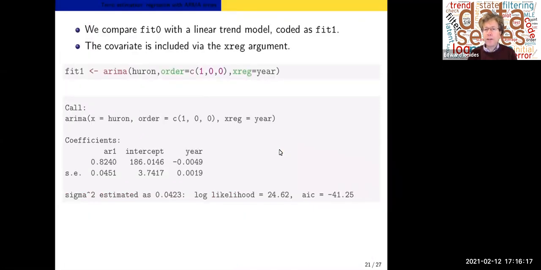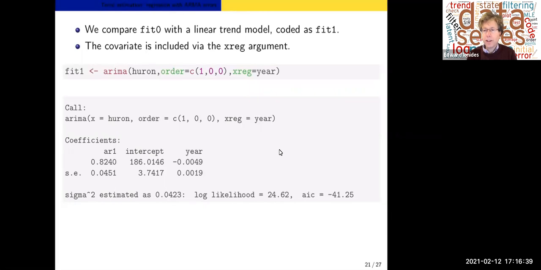Well, now for comparison, let's compute as fit1 a linear trend model. The new thing here in the coding is how you tell R what is the covariate, and it turns out that there's an xreg argument to arima.